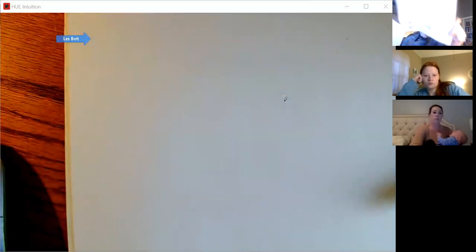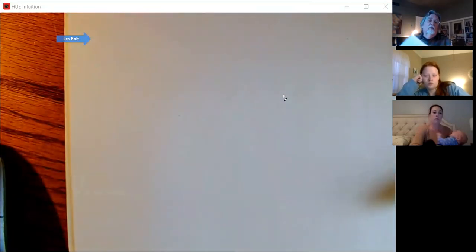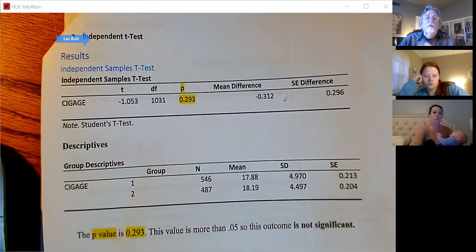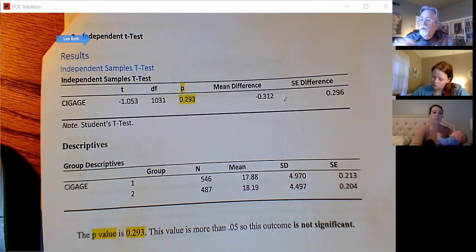The second question dealt with the independent samples t-test, and it looked at, once again, the age at which people began smoking, but whether there were differences between genders. Now, we didn't necessarily identify groups 1 and 2 as to which groups those were.